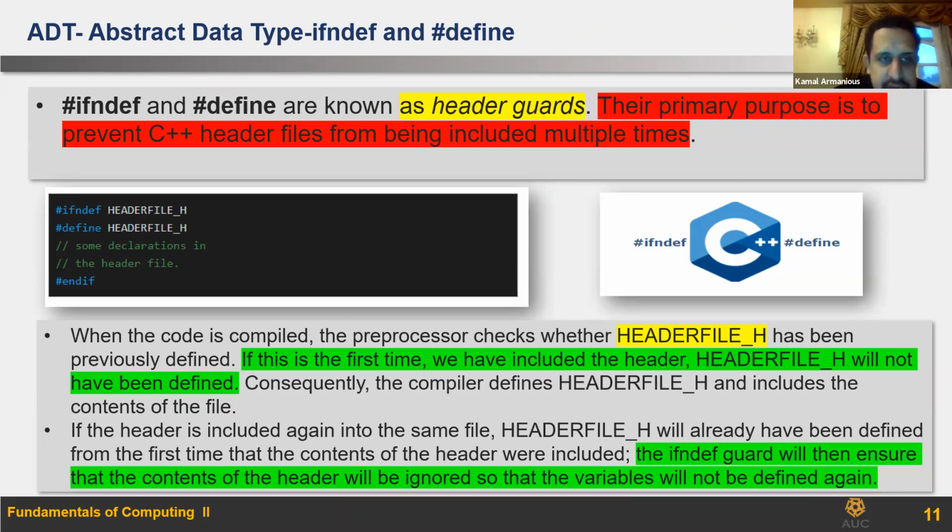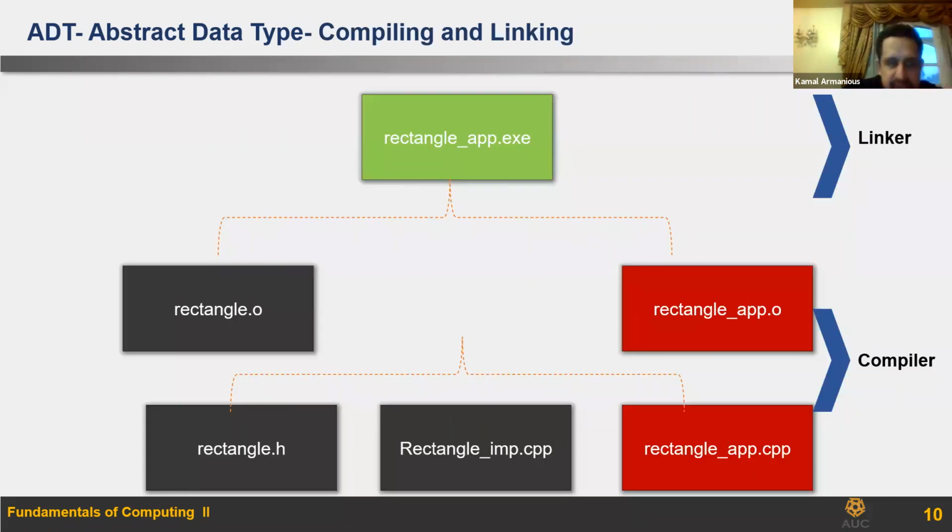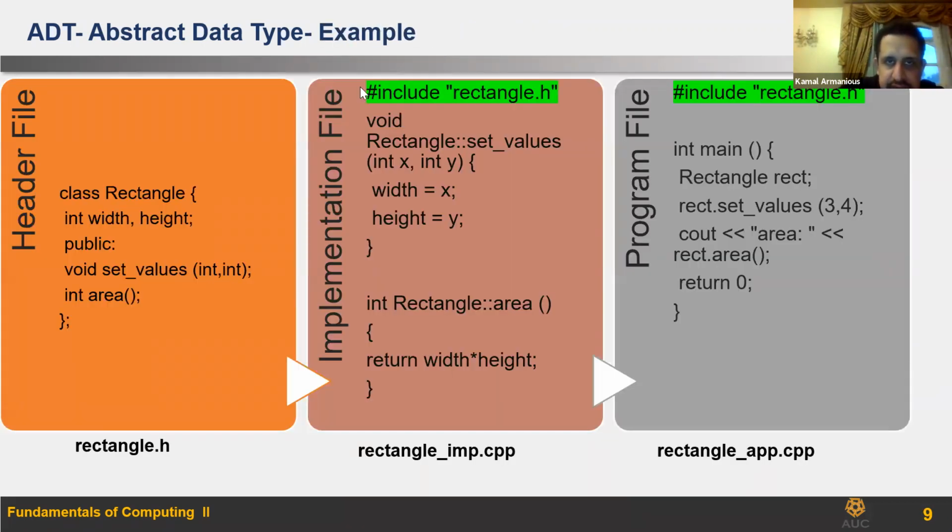So let's go back to understand a new concept here. If you look at this file, this is a header file. Why is it a header file? Because it has no implementation. It is just function definitions.